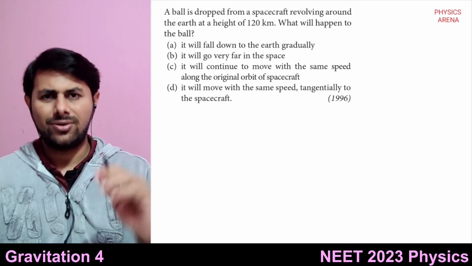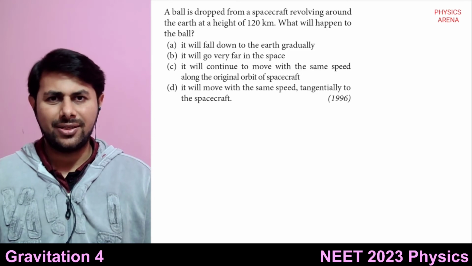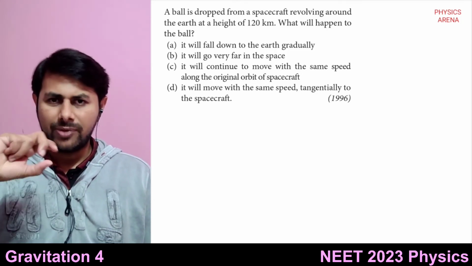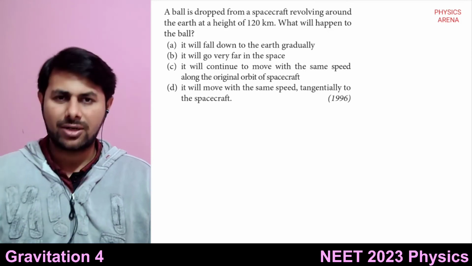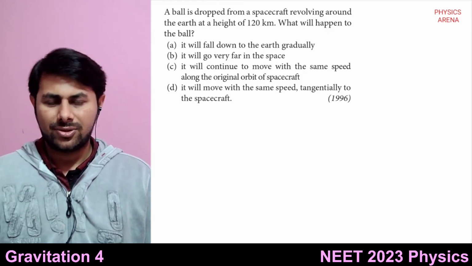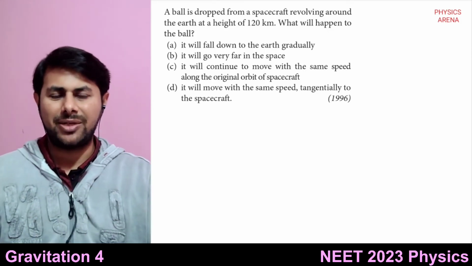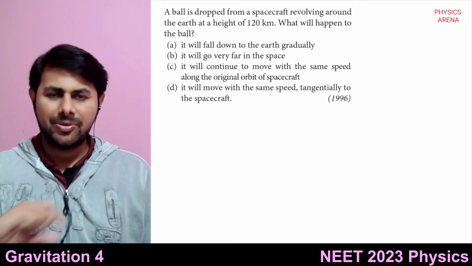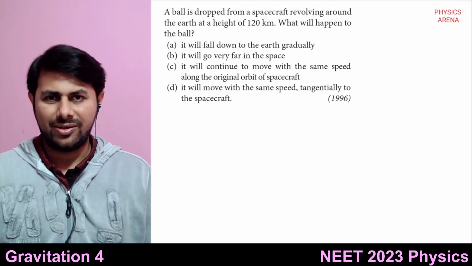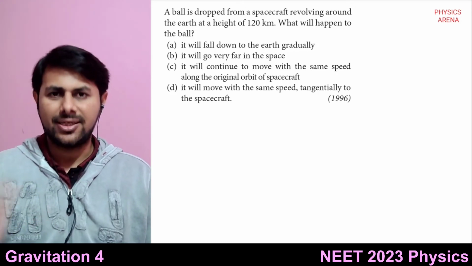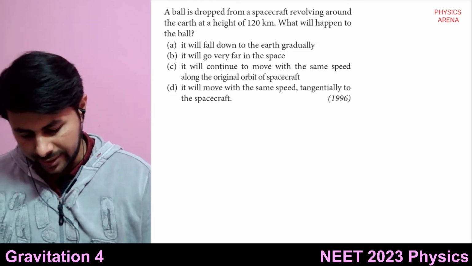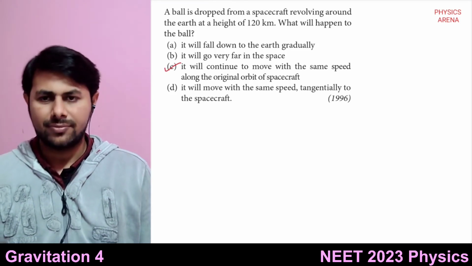Okay, so it has a natural tendency. This is Newton's first law. It was moving in a circular orbit earlier, so inside or outside of that spacecraft it has the same speed. Because of that it will keep on moving with the same speed in the same orbit, right? So this is an example of Newton's first law.